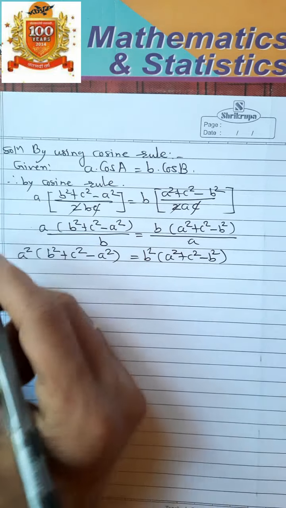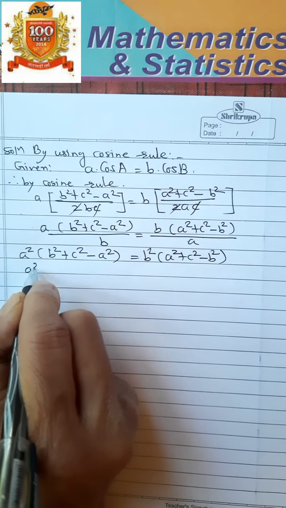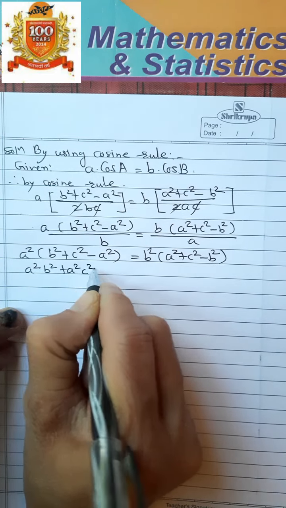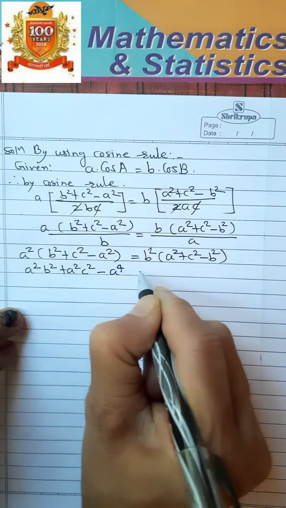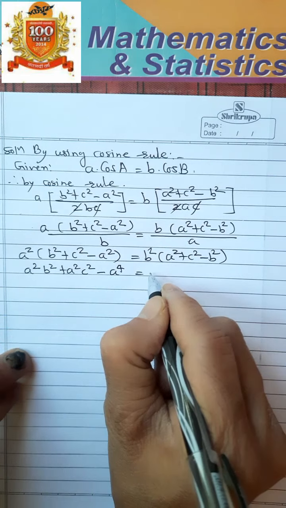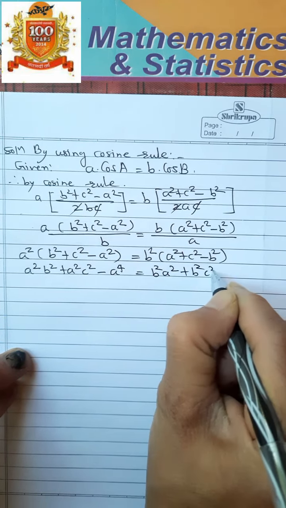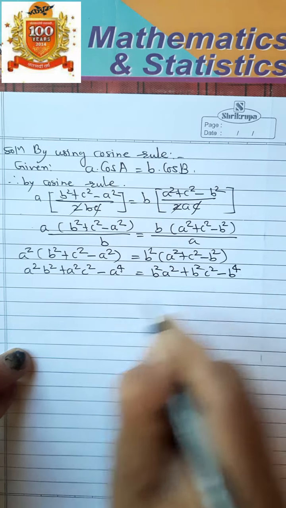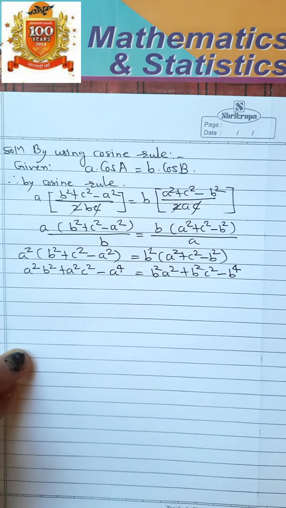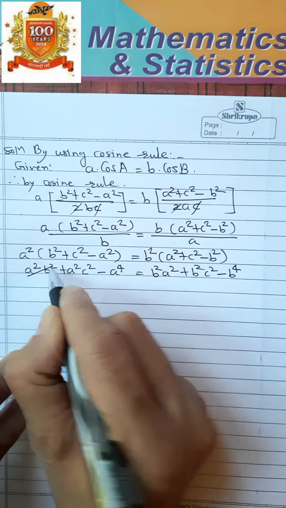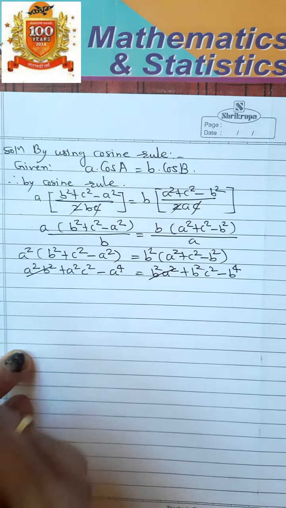Isn't it? After multiplication: A square B square plus A square C square minus A raised to power 4 is equal to B square A square plus B square C square minus B raised to power 4. Isn't it? Now A square B square and B square A square get cancelled.